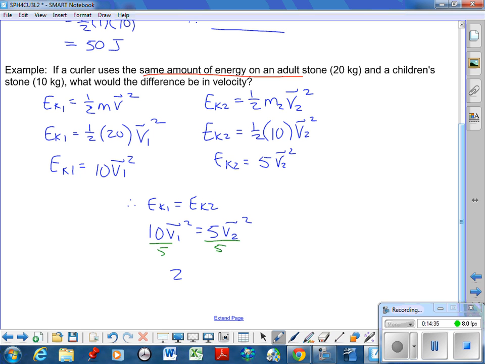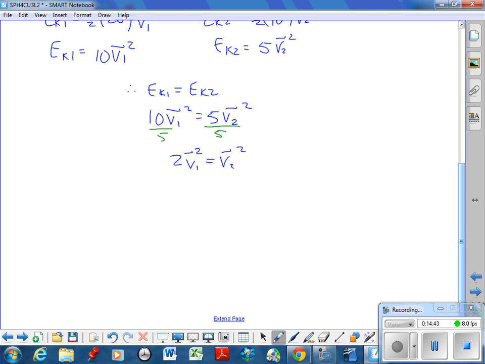And I get 2 v1 squared equals v2 squared. Take the square root of everything. So root 2 v1 equals v2. So that means that the second stone will be traveling at a different velocity. I'll finish this in the next example in the next video.